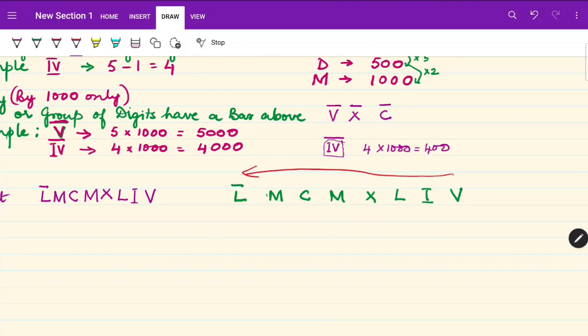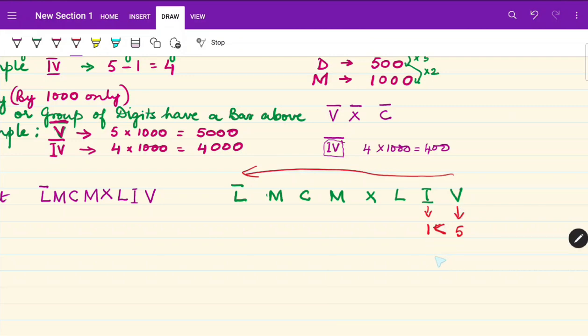All right, so V represents 5. So let me write that value here. V is 5 and I is 1, correct? But 1 is less than 5, correct? So what do we do with these 2 digits? We subtract.